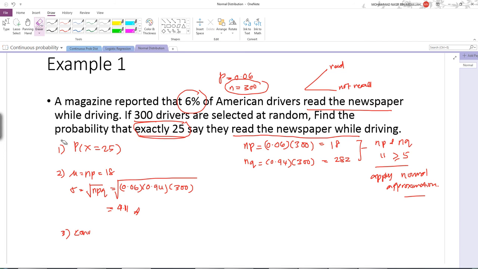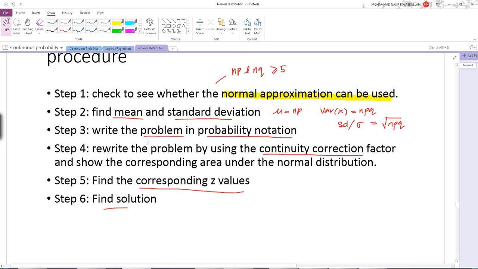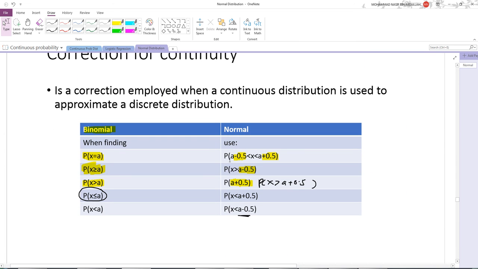So the next, number 3, we apply the correction of continuity. If x is equal to 25, we look at the correction: we minus 0.5 and we plus 0.5, right?